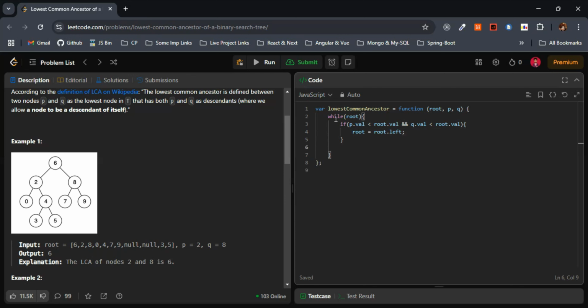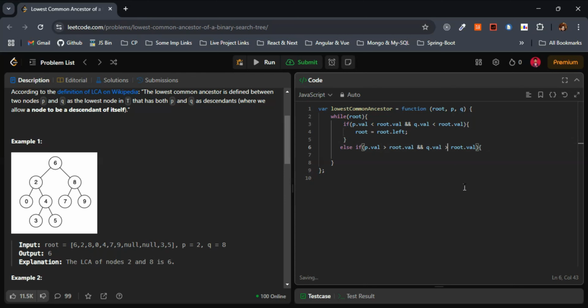Next step is, if the value of P and Q is greater than root dot value. We have considered here in this case the value of P and Q less than root value. Same thing, so let me give here else if. In this case, both the value of P and the value of Q are greater than the value of the root.